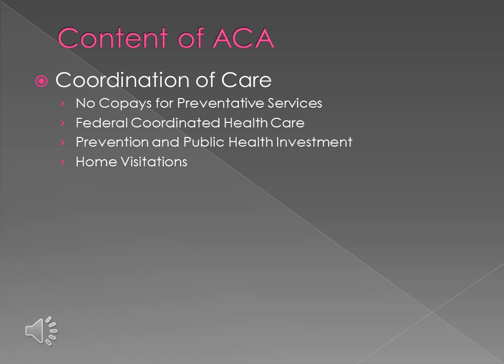It also established a law that coordinates the health care for individuals who are dual eligible and covered by both Medicaid and Medicare, as well as creating a prevention and public health investment fund that will help support community and public health initiatives, as well as home visitation. This provides funding for evidence-based home visitation programs that are supposed to help foster health promotion and illness prevention.